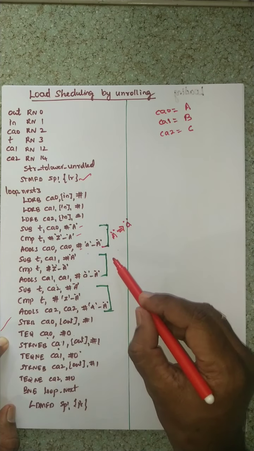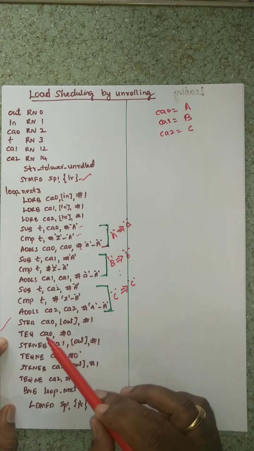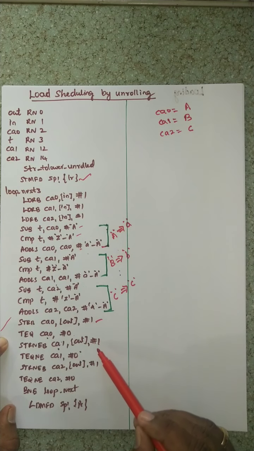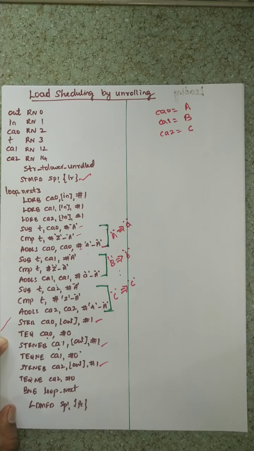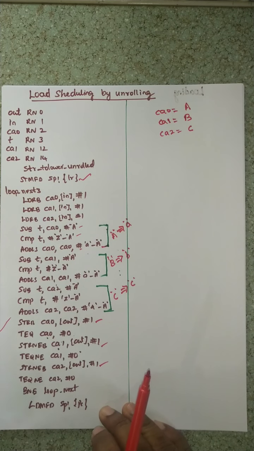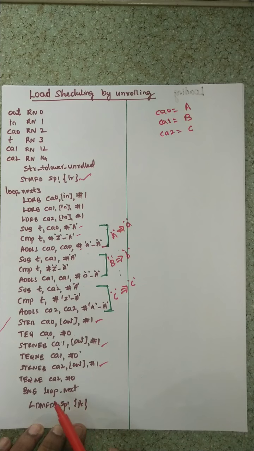The next code stores the smaller letters into memory. Finally the loop has a branch not equal: if the condition is true, it goes back to the loop. In a single loop you have three iterations. How many characters are converted in a single loop? Three characters are converted. That is very important.